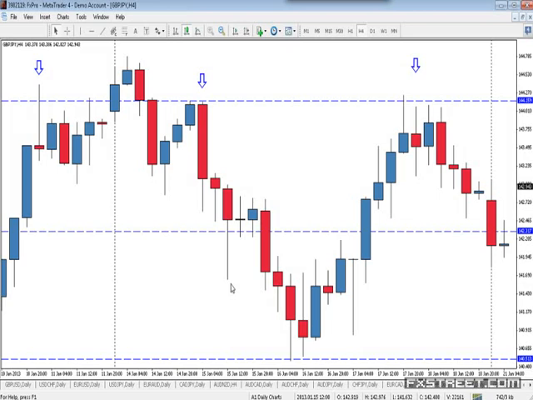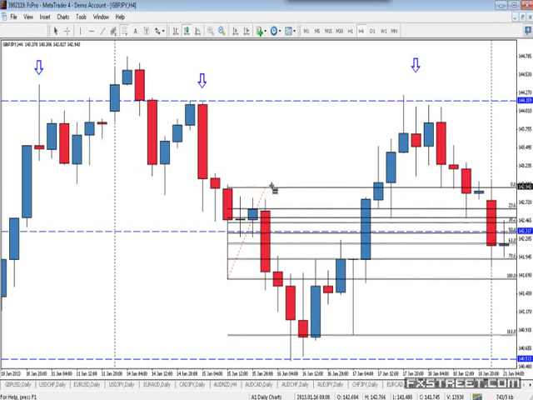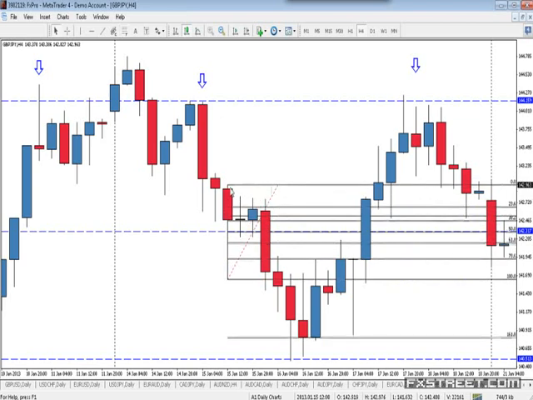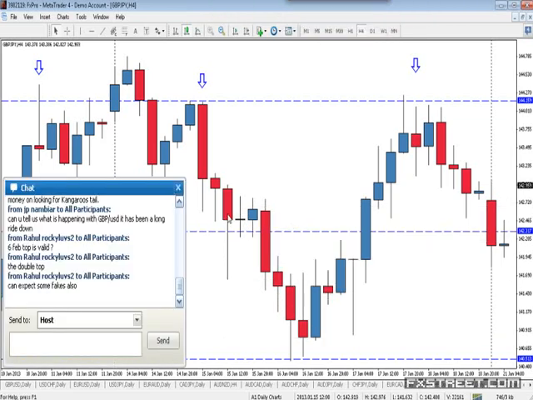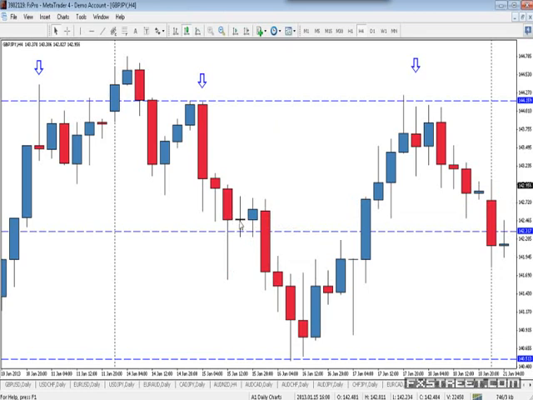I'm not sure that they are. They might just be in. Let's see. Now I'm curious. They might be just inside. No, they're not. The open and the close are not in the top third, so that one would be invalid anyway. But let's say that it was. Guess what? The next candle does not trade higher than the high, so it doesn't trigger it.